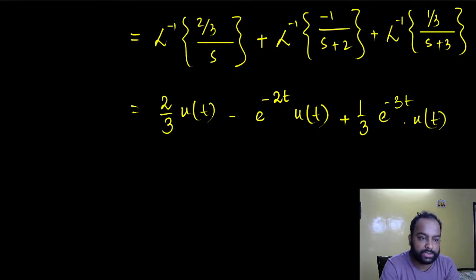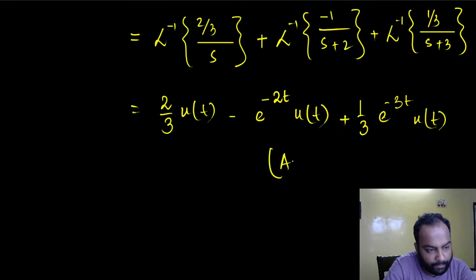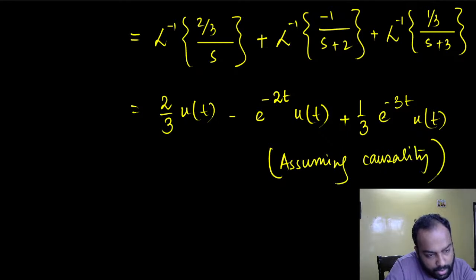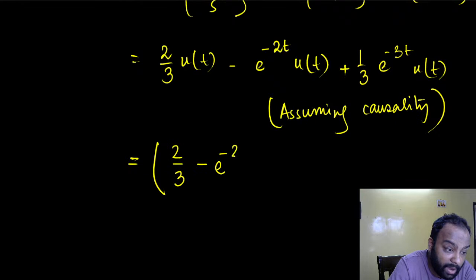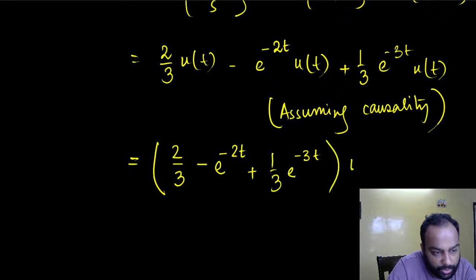Again, we are assuming causality. So we are just taking u(t) common out of everything. So we are left with 2 by 3 minus e to the power minus 2t plus 1 by 3 e to the power minus 3t, times u(t).